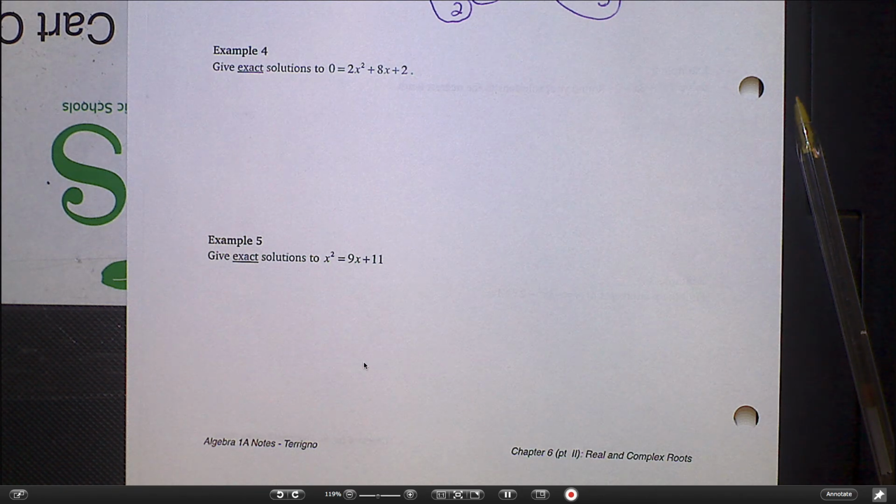Now, what I will tell you is these answers all come out a little bit different, and they all simplify to different points. I didn't want to do 10 examples to show you all the different what-ifs. So we're going to do these examples, but then after each one, I'm going to show you some other possible things that could have happened. Hopefully I'll have covered my bases. But all right, let's set this up with the quadratic formula.